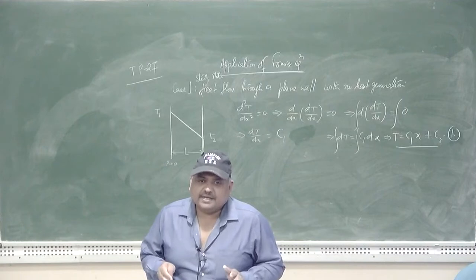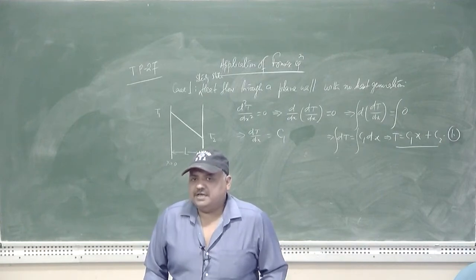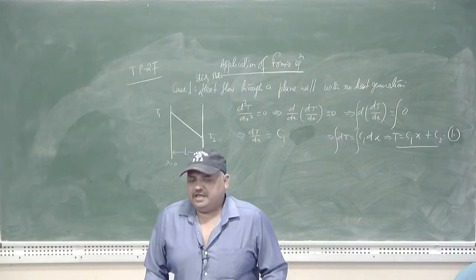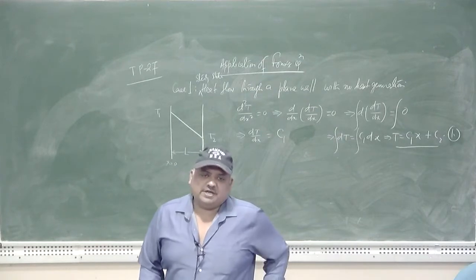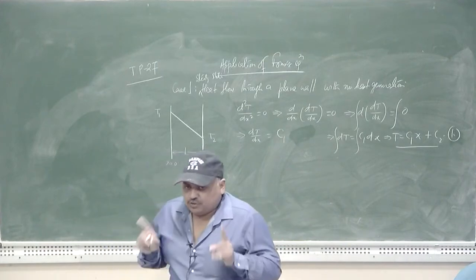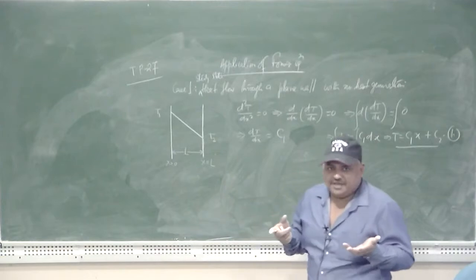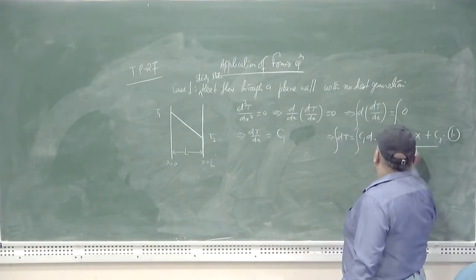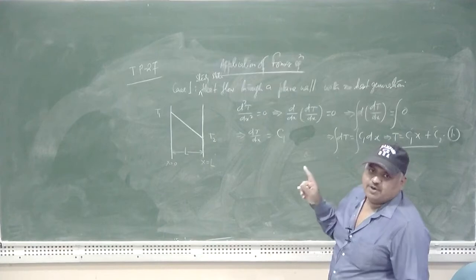So T is equal to C1x plus C2 is the equation for the temperature profile in the case of a plane wall in which there is no heat generation as well as heat is flowing along the x-axis only. So the second task in front of us is to evaluate the constants of integration C1 and C2.